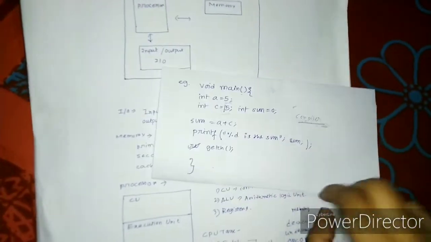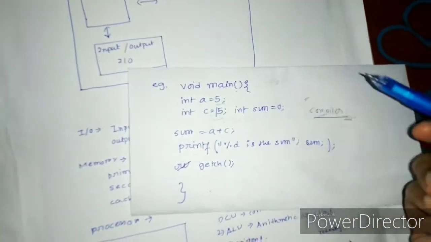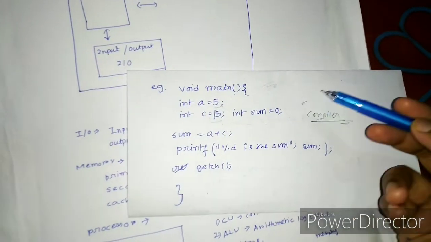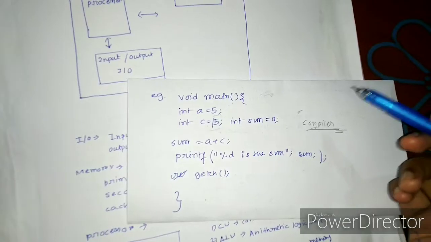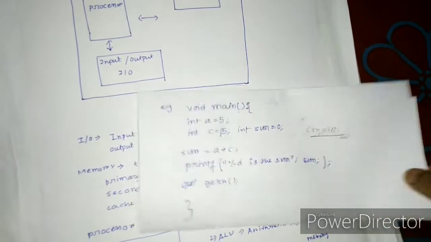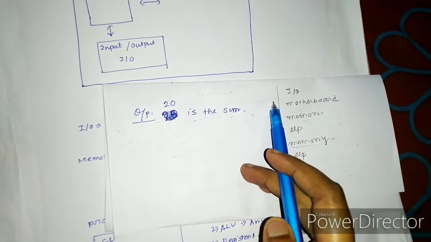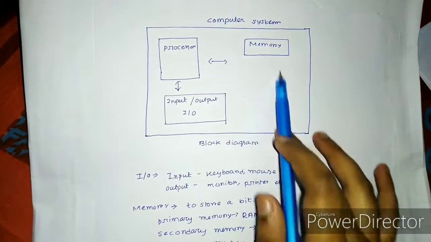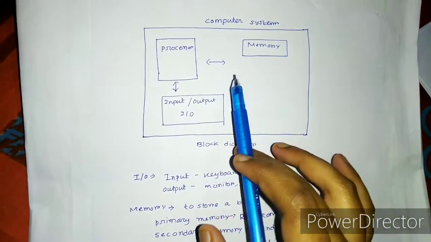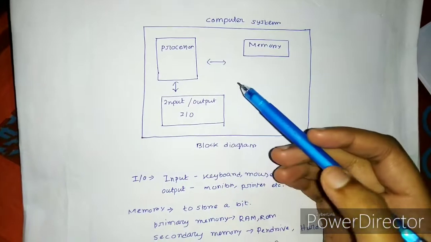Suppose in this code we give this input, or we write this program in a compiler, it will translate it into a binary form, then it will get processed, and finally we will get our output. Suppose 20 is the sum. Clear?